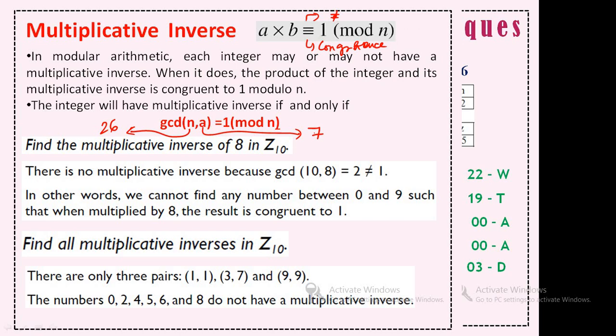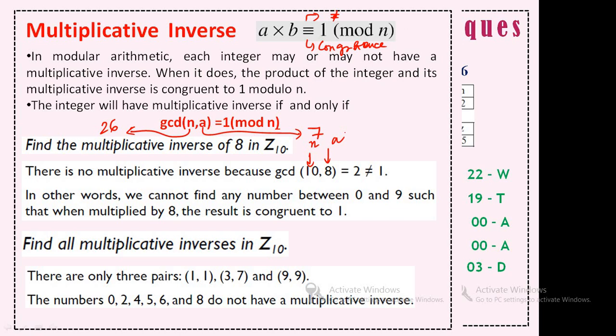For example, in the Z10 case, n is 10 and a is 8. If you observe, the GCD will be 2, and 2 is not equal to 1. So we can say that 8 will not have a multiplicative inverse in Z10.